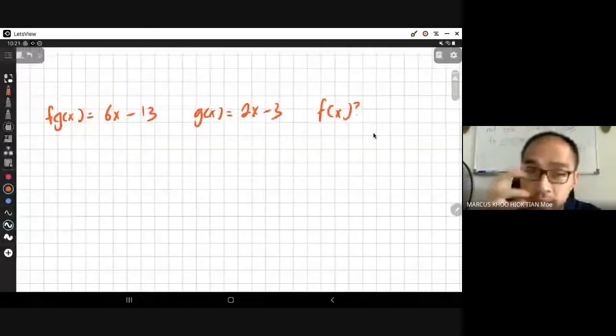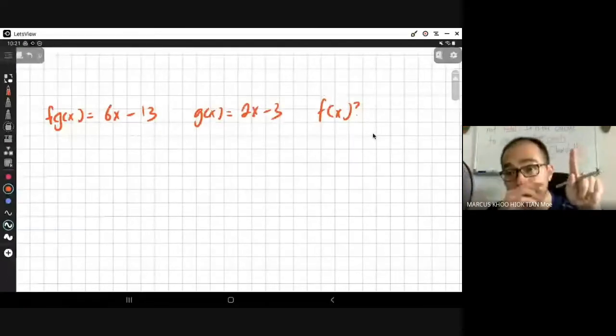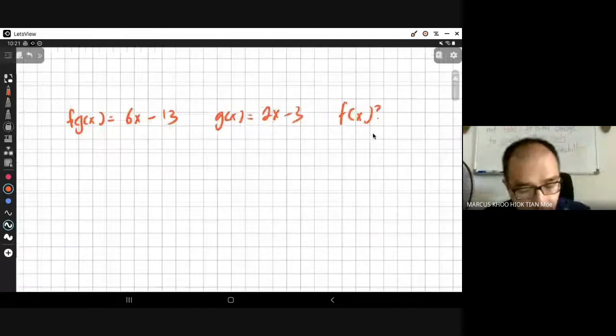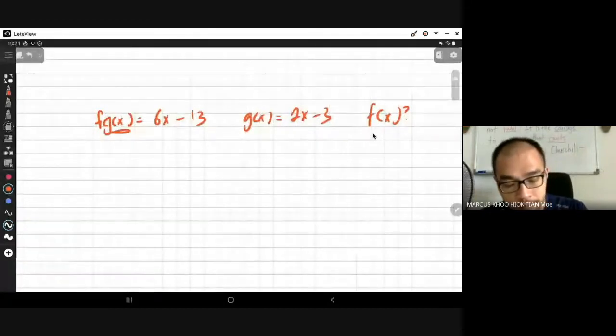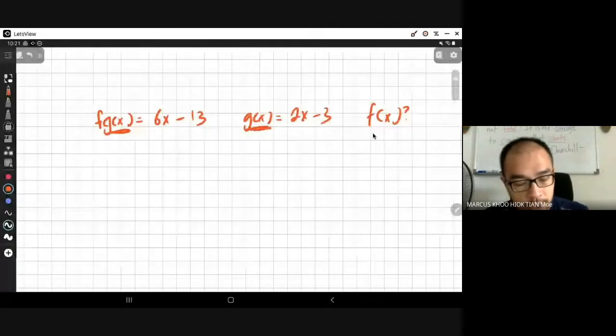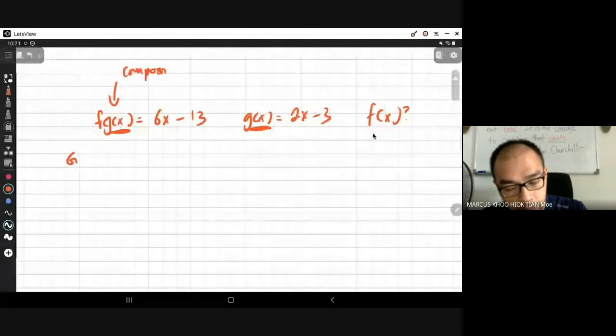Okay, so this is the situation where you have two functions that combine, and then they give you one of the functions, and then they ask you to find the other function. So what happens here is this. This is the inside one. This is what we call a composite function.